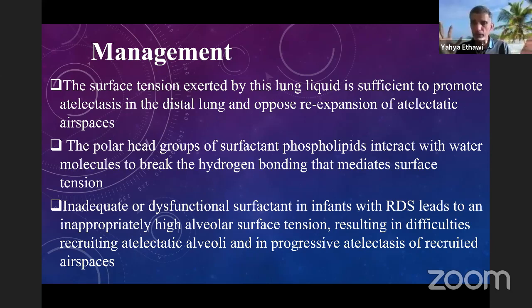So the polar head of the surfactant interacts with water molecules and breaks the bonding, the love between the hydrogen. And therefore, it prevents the tension and prevents the stickiness of the alveoli. Inadequate or dysfunctional surfactant increases that bond and increases the tension and causes the atelectasis.